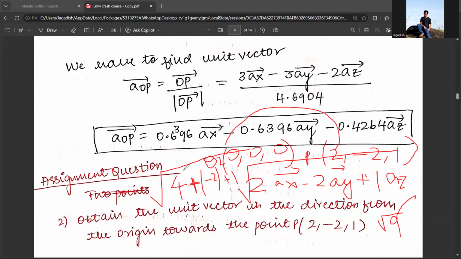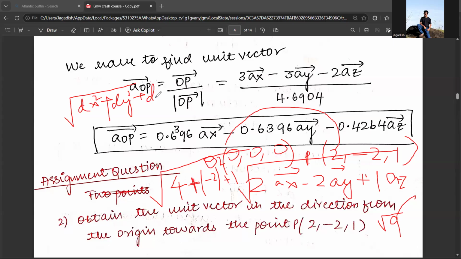So according to the formula, what is it? It is dx the whole square plus dy the whole square plus dz the whole square. Right?